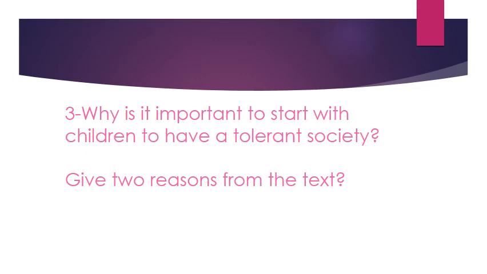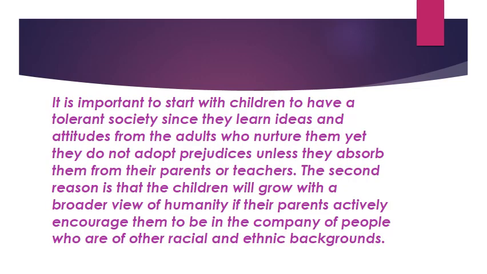You should give two reasons from the text that show that it is important to start with the children in building a tolerant society, a harmonious society. The answer can be taken from the text, but write the reasons in your own words.